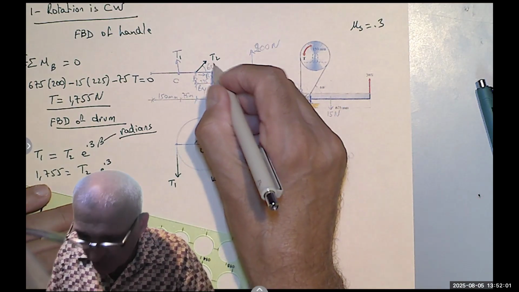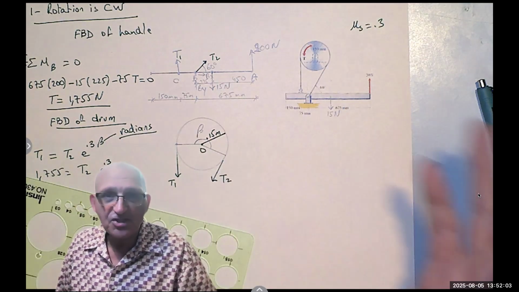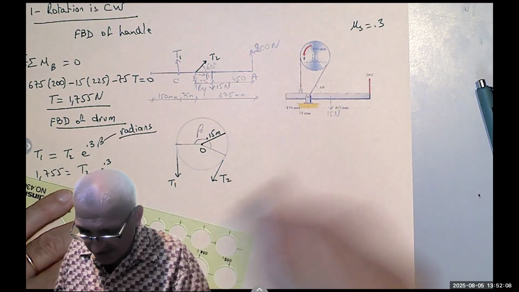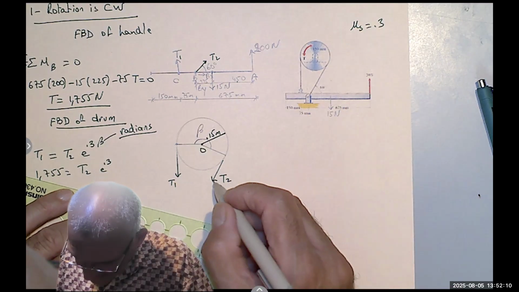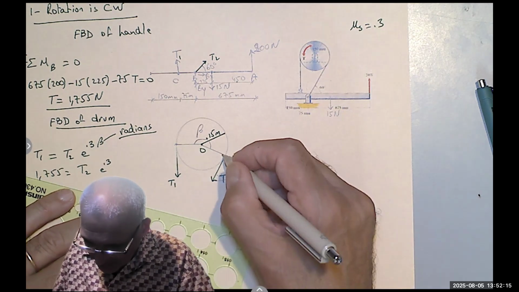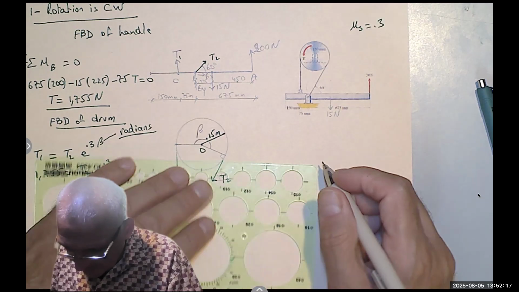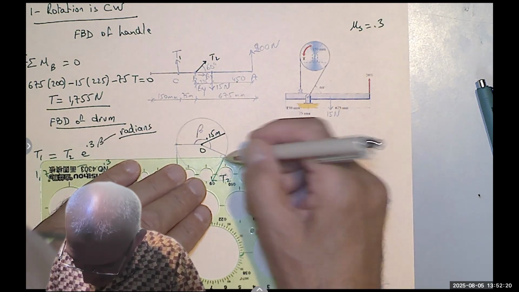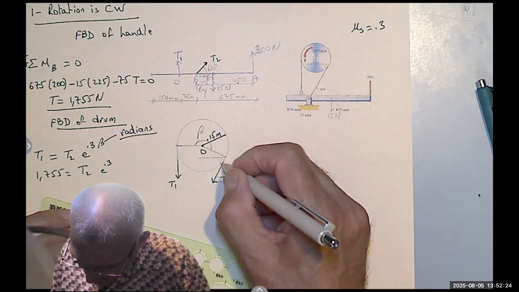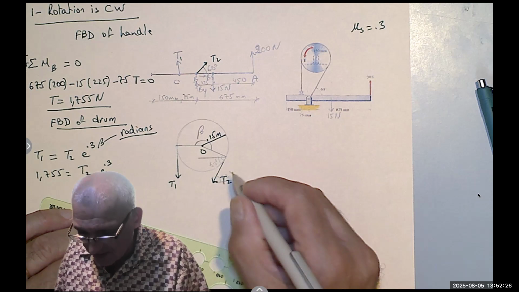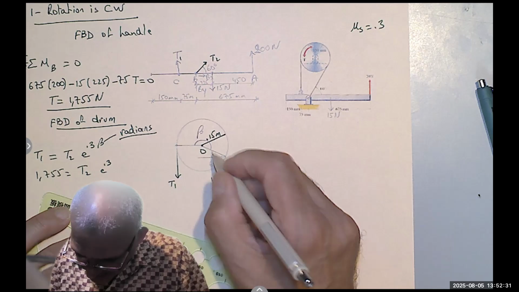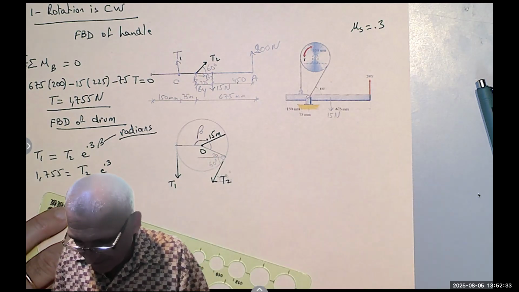Notice I didn't need it before because I didn't use a summation of the forces in X and Y, but the angle is 60 degrees. I will need it here. If this angle is 60 degrees, and we know that the radius is always perpendicular to the tangent, so if I make a horizontal line here, I know that this angle is also 60 degrees, right? They are alternate interior angles. And if this is 90 and that's 60, so this is 30.